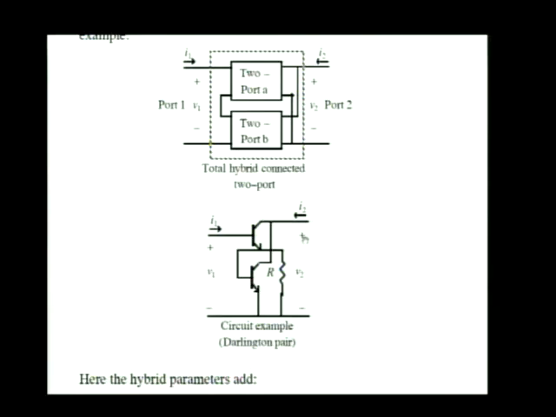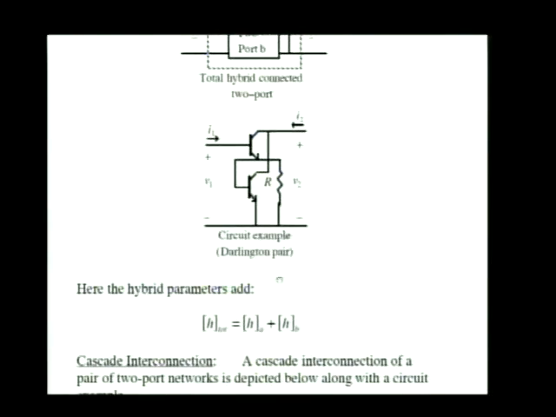So if you know the hybrid parameters of transistor A and the hybrid parameters of transistor B, the hybrid parameters of the overall Darlington pair are nothing more than the sum of the hybrid parameters of the two transistors.